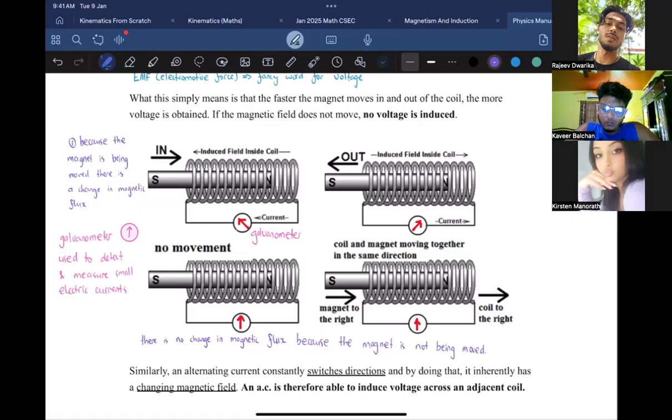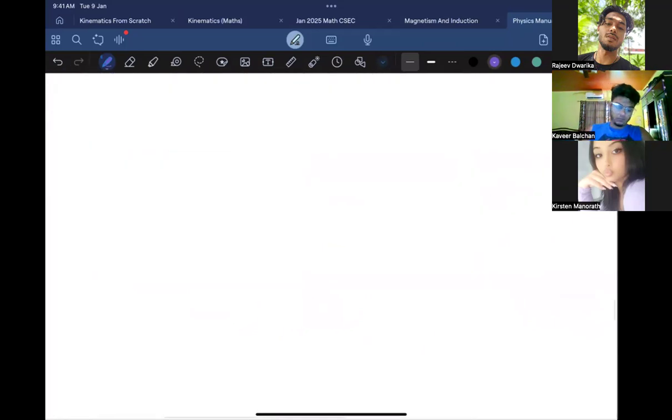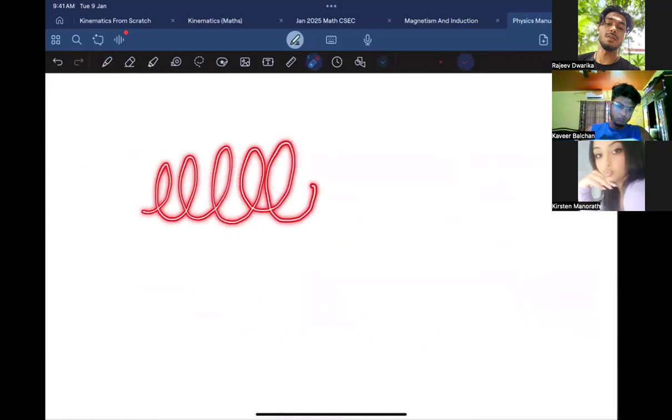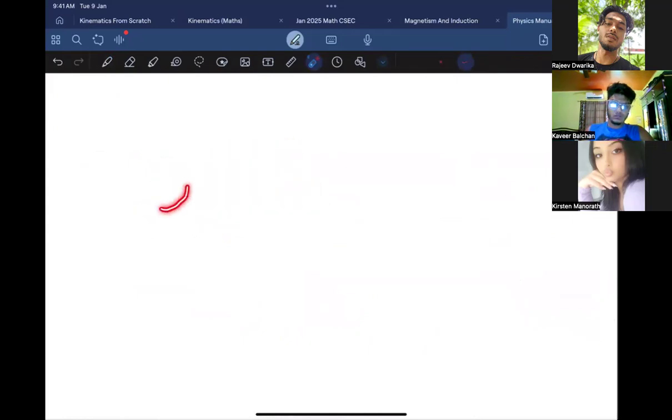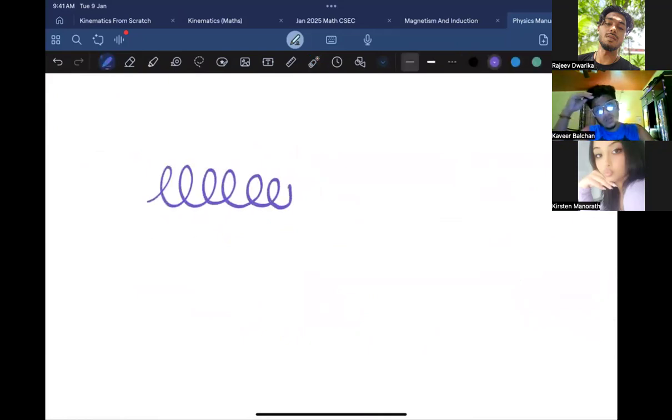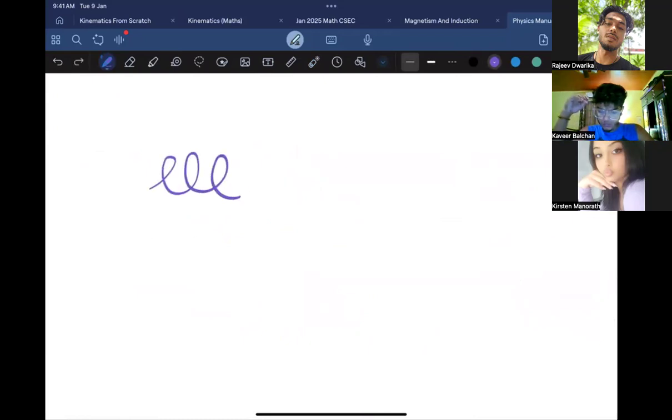Okay, Justin, I want to make sure you understand what it is you draw. Tell me, what is this? That is the solenoid, right? And we have at either end of it two loose ends of the wire, right?